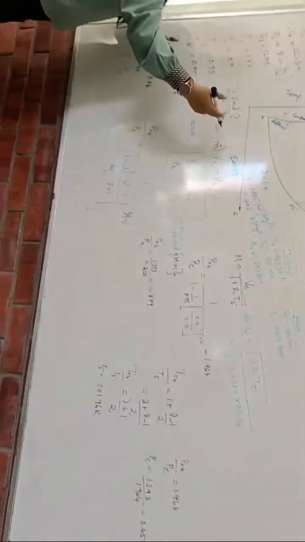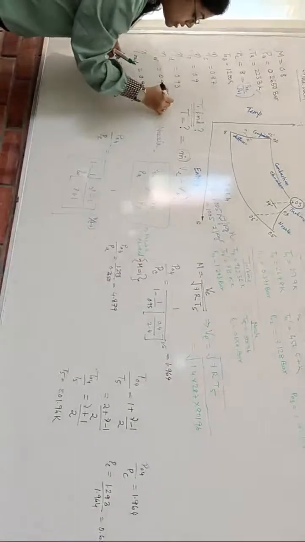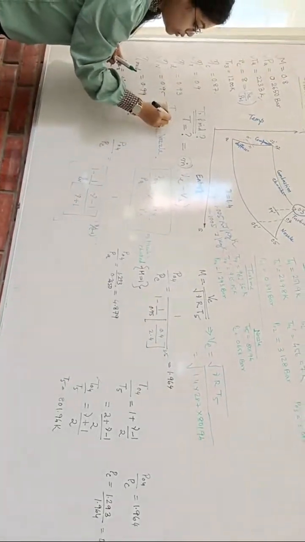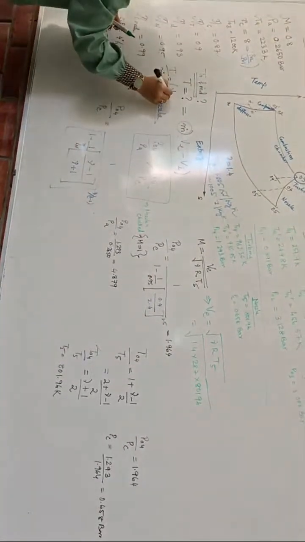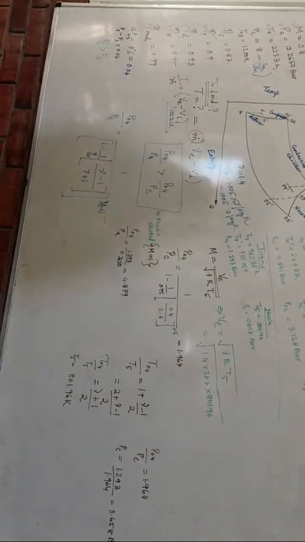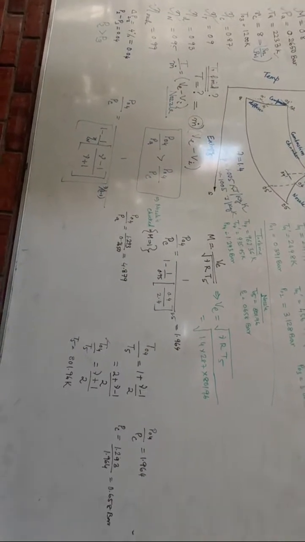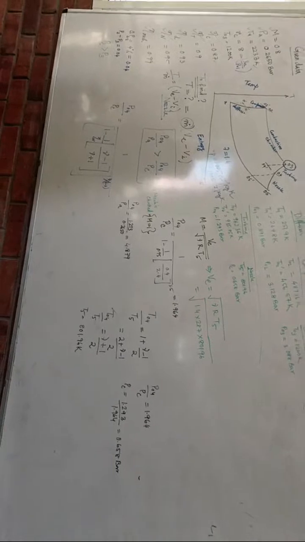As the mass flow rate is not given, either you can assume it or take this thrust per mass flow rate value, and you will get the answer of the thrust. This is how you have to solve this problem.